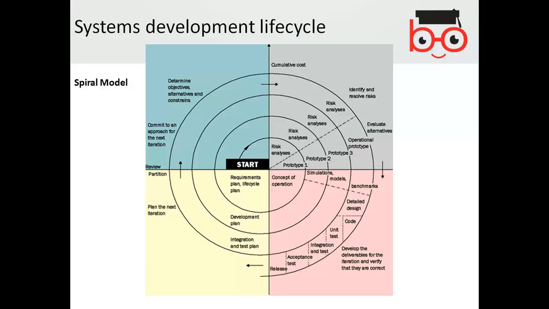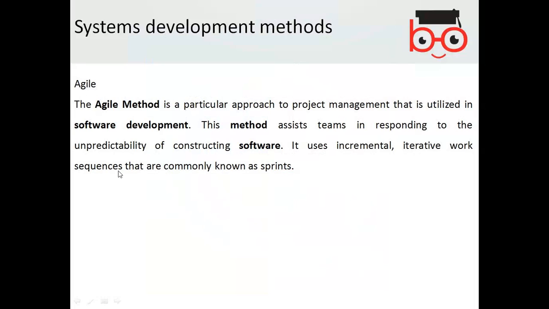We started from the need for system analysis and design, and then we are here, with some of the models. Then another term is the agile method, a particular approach to project management that is utilized in software development. This method assists teams in responding to the unpredictability of constructing software. It uses incremental iterative work sequences that are commonly known as sprints.